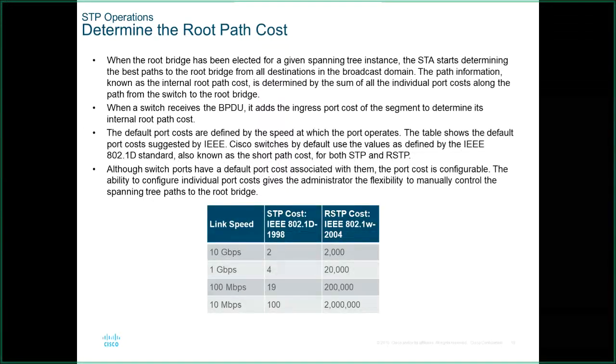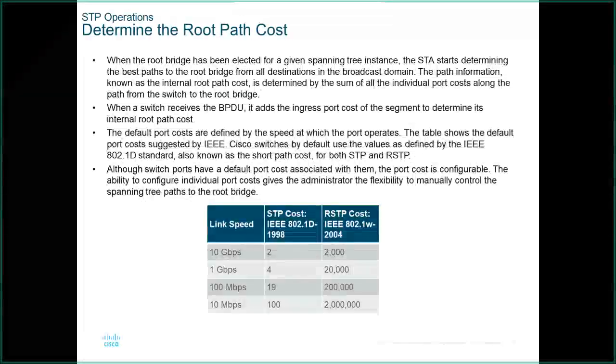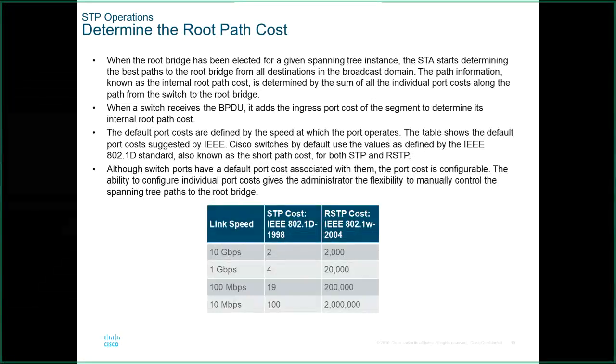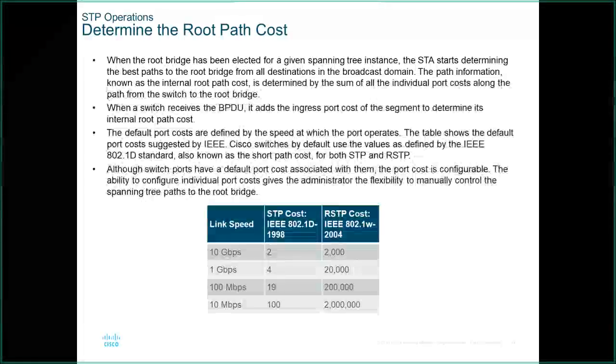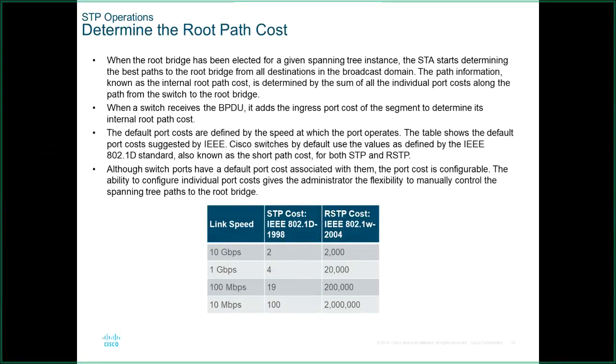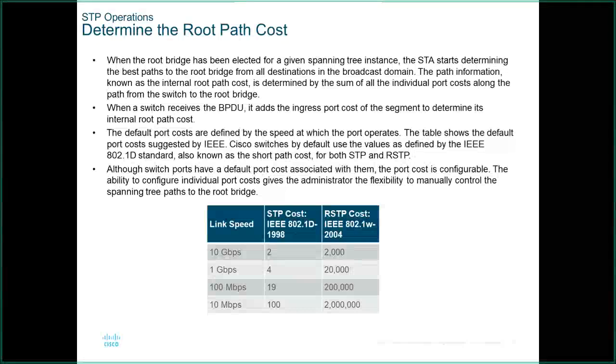So what it does is it sends out its little data units, and as they start arriving into the switch, it adds the cost of that port onto the cost of the path towards the root bridge. So the default costs are laid out in the standard.